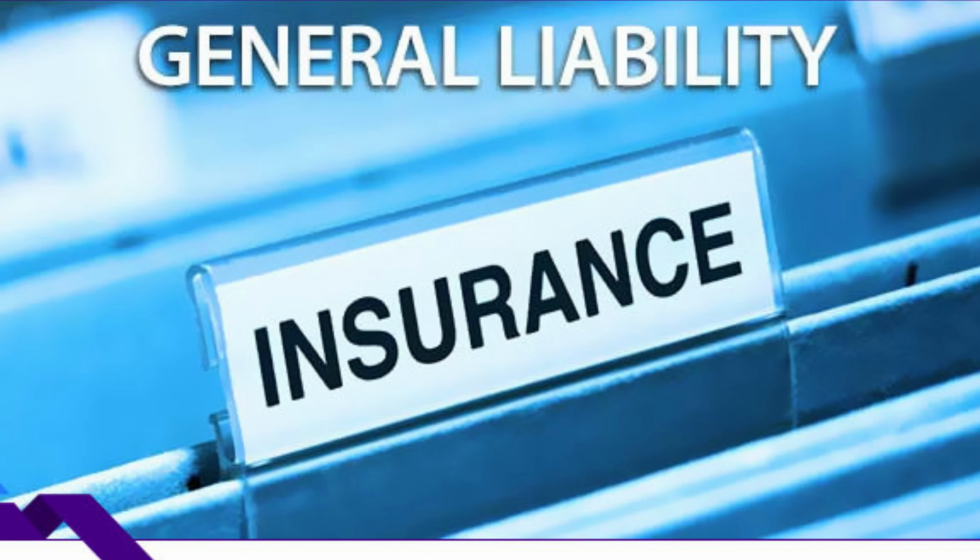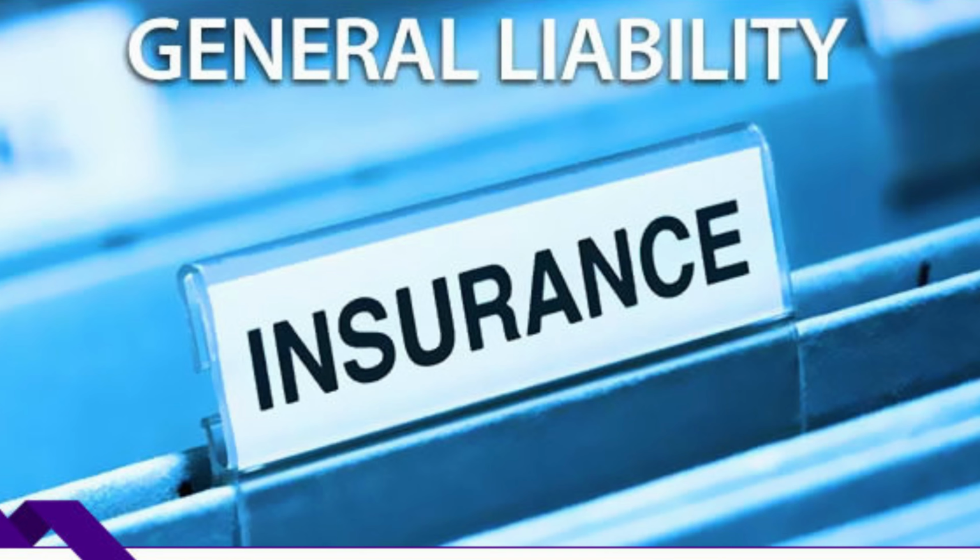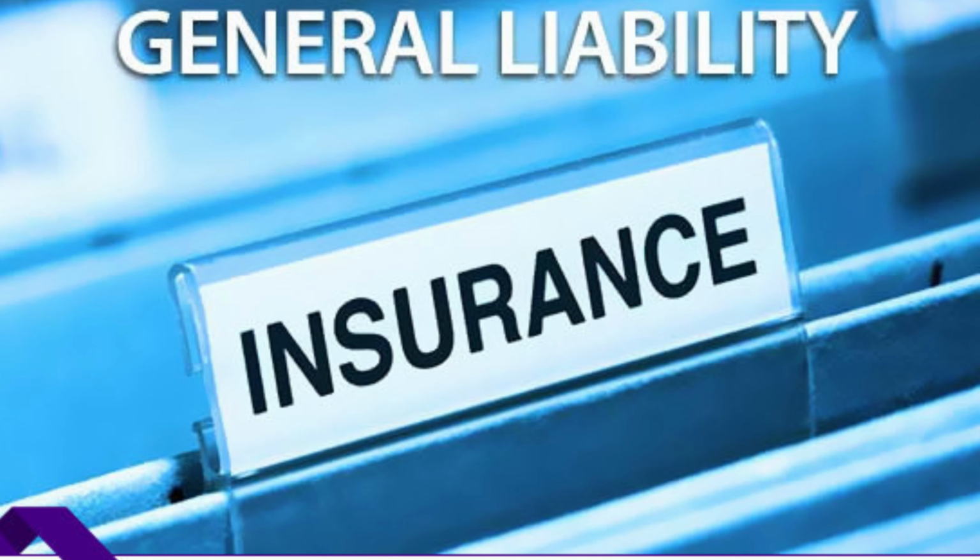You need general liability insurance to protect you from the claim or the cost of a lawsuit, right? You want to make sure that you have those coverages in place.